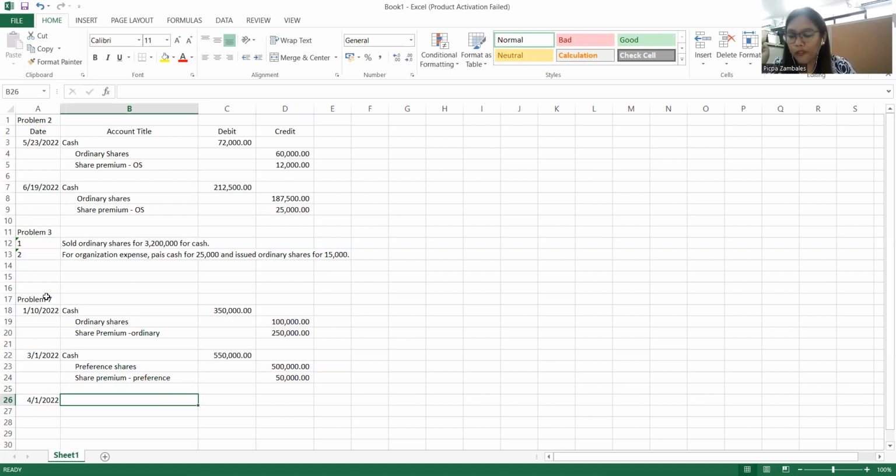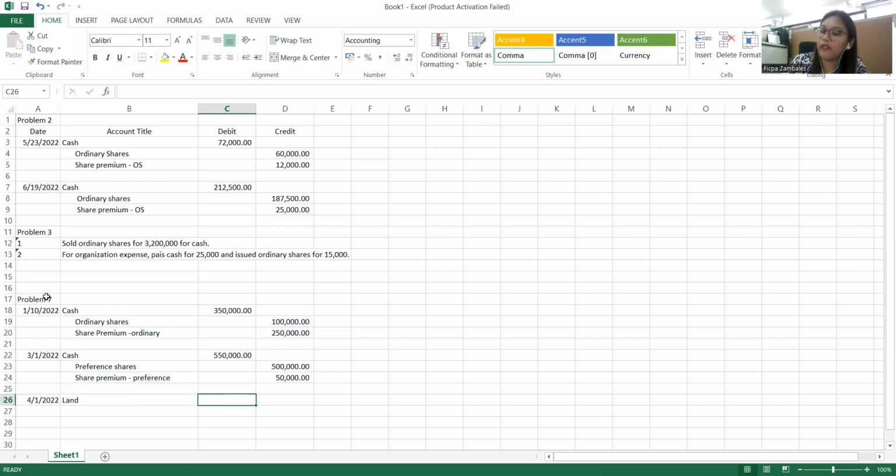Just in case there is no fair market value of the asset, then you have to record it at book value, the book value of the asset as of this time. Okay, so as stated in the problem, the fair market value of the land was 85,000. So it should be recorded as land for 85,000.